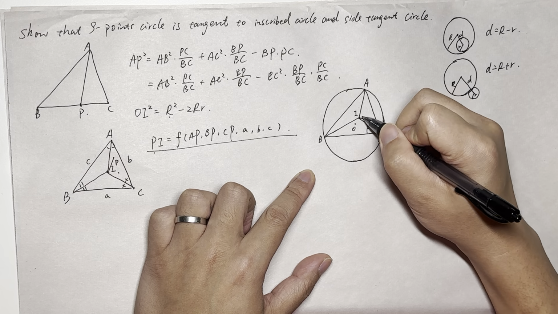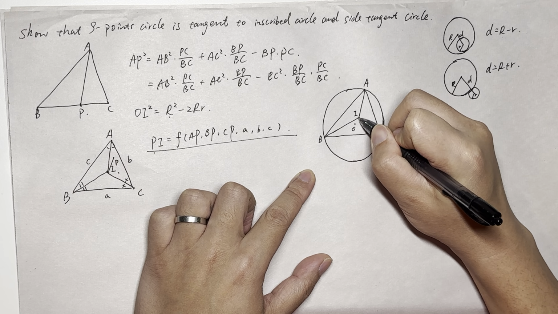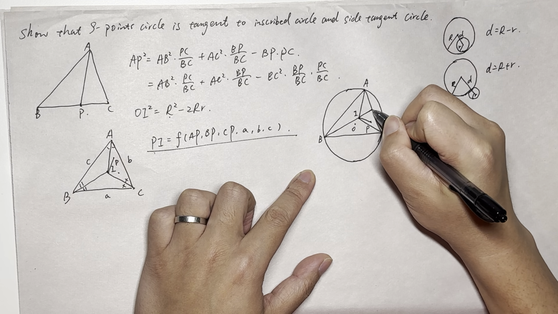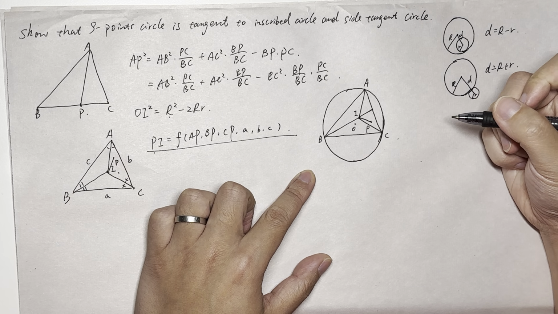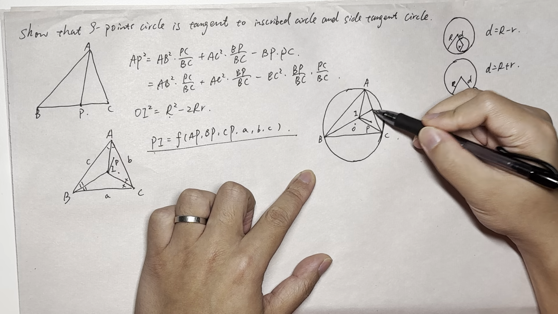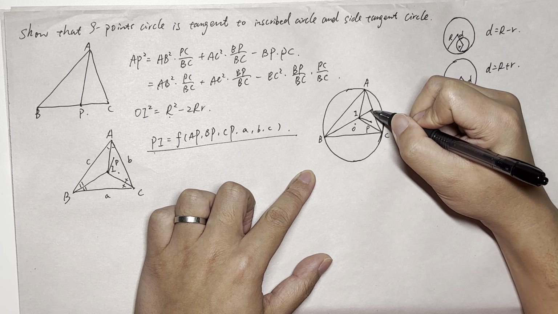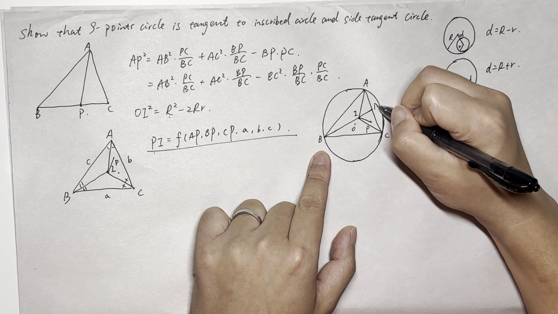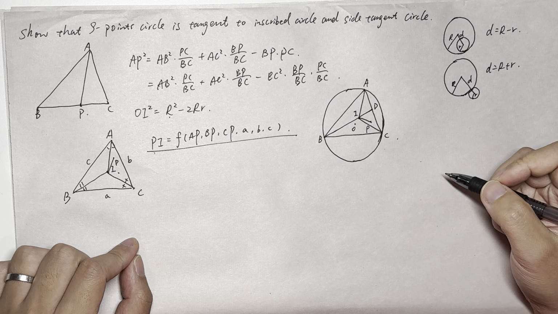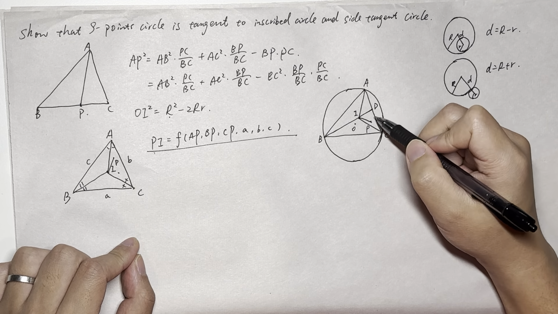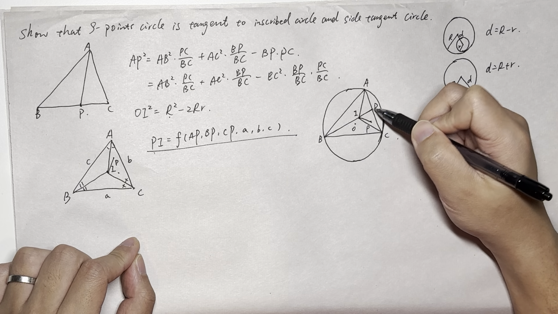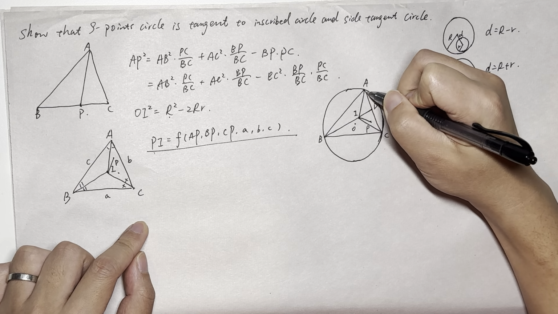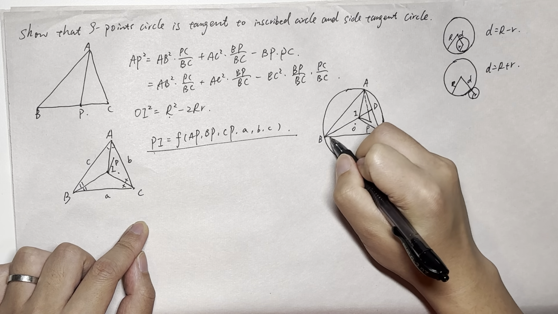The first thing we can do is that we extend BI here, right? We extend BI to intersect AC at D. Here, because we already know the distances, let me connect it.